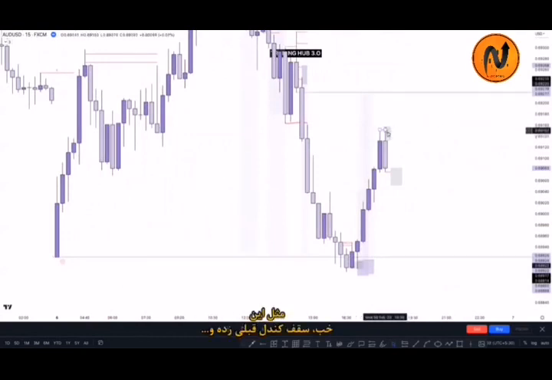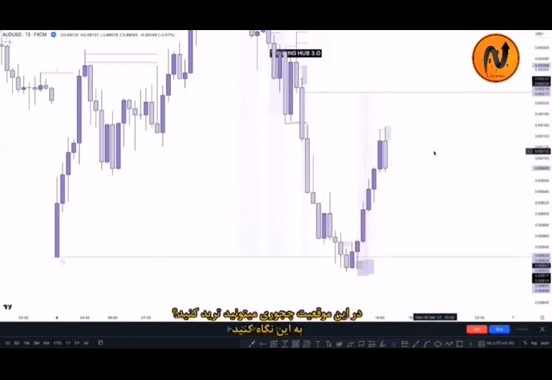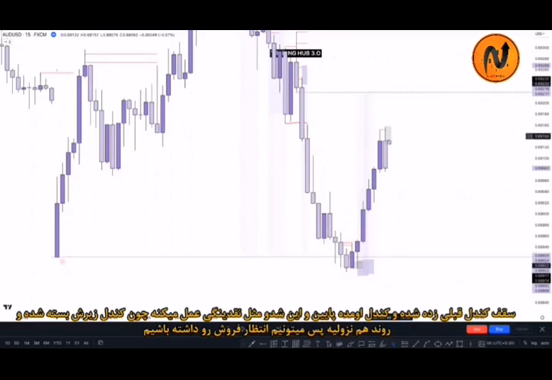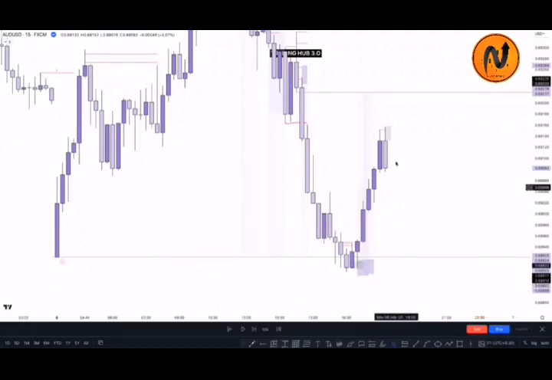Previous candle high taken out, and then how can you deal in this situation? Look at this one. Previous candle high taken out, price pushed downside, and this shadow acts like liquidity. Why? Because the previous candle closed below it, and the market is bearish, and this is a counter trend. So simply we can expect a sell here first, and then a possible buy here.